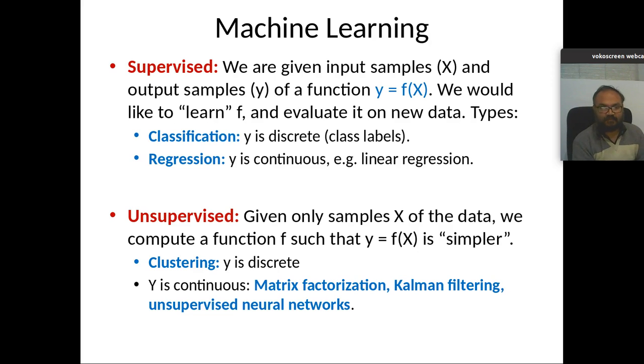If y is discrete, for example, if each sample corresponds to a discrete value, then the problem is called clustering. And if y is continuous, then there are multiple examples such as matrix factorization, Kalman filtering, and unsupervised neural networks.